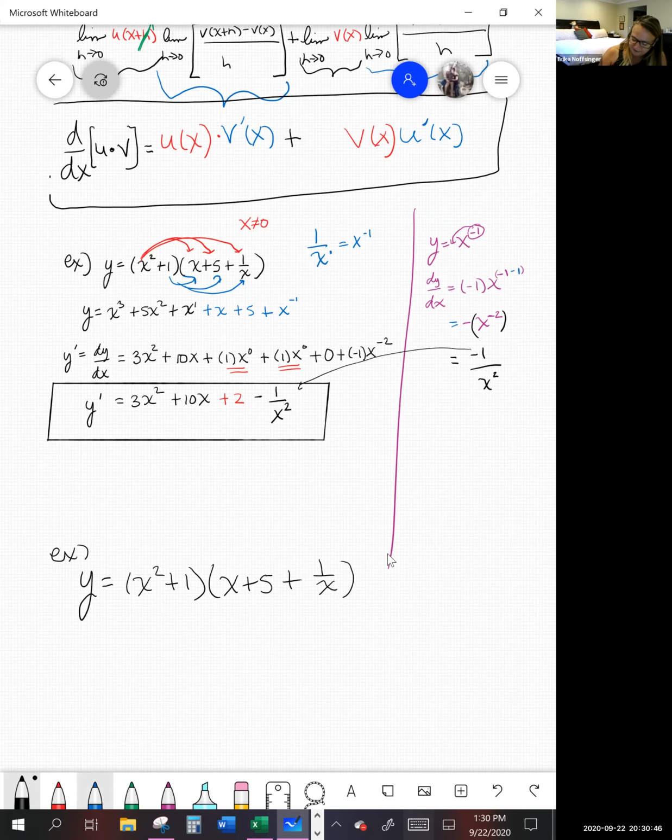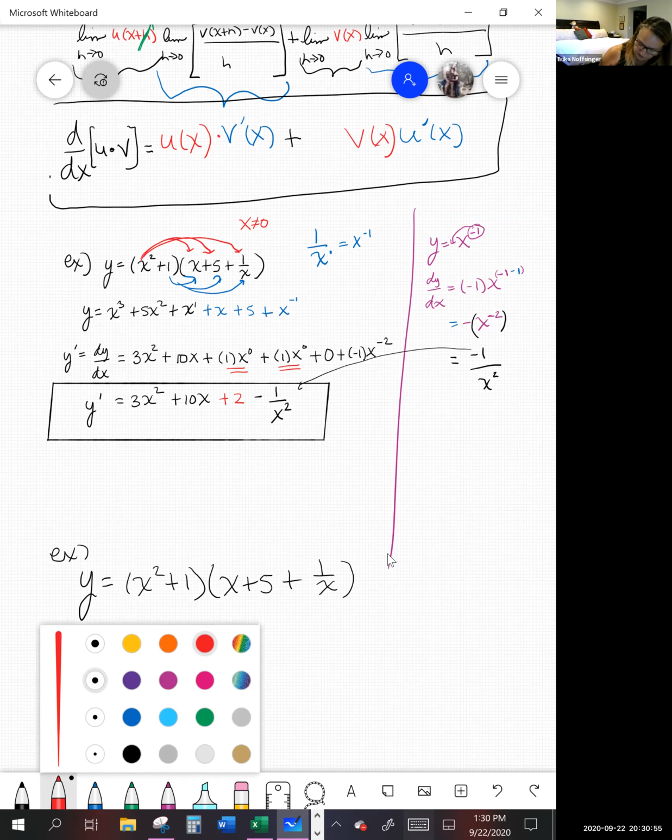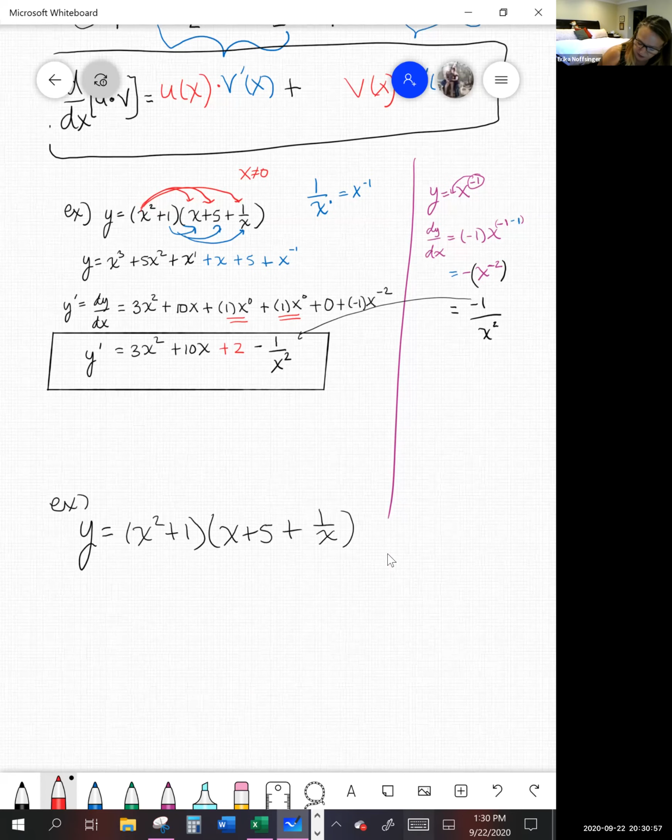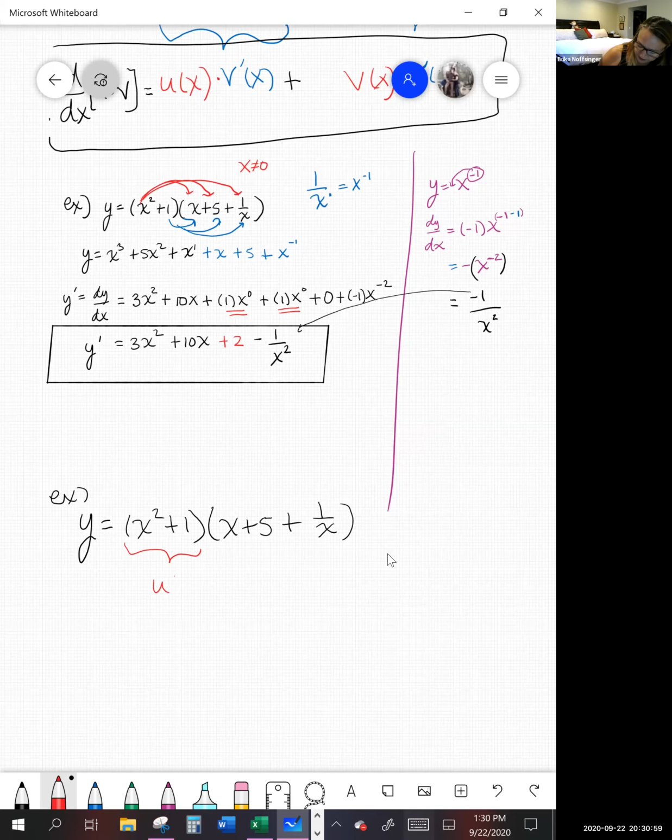So we technically have two different functions. We have this function u of x, and this one, let's say, is v of x.